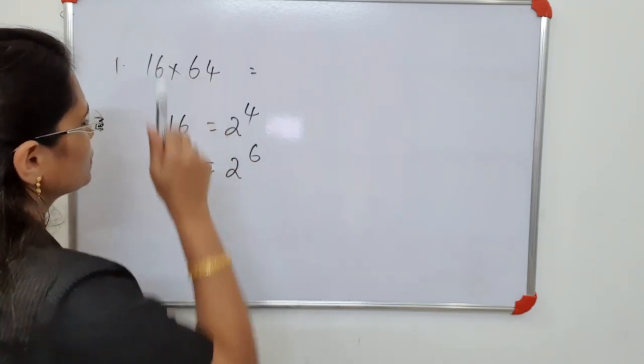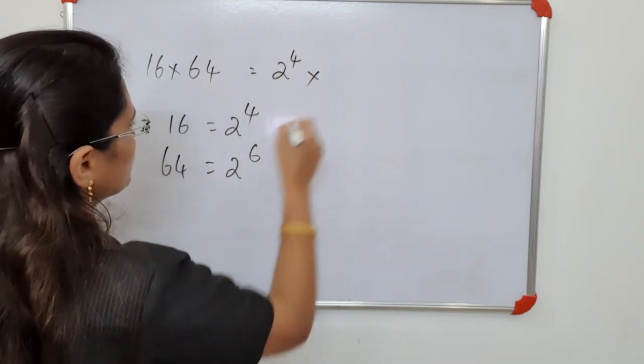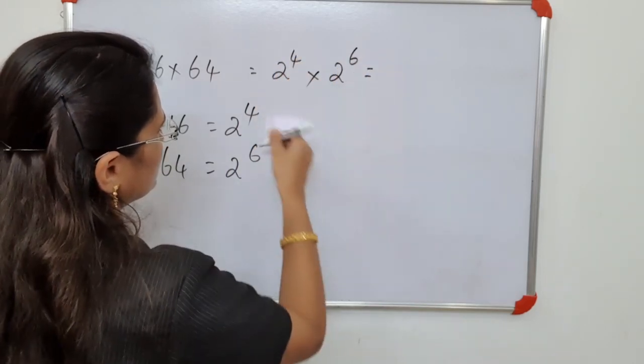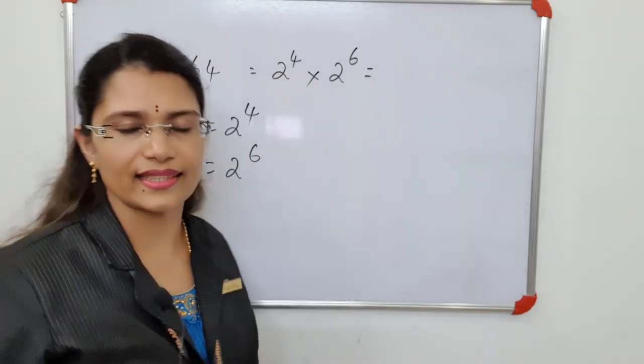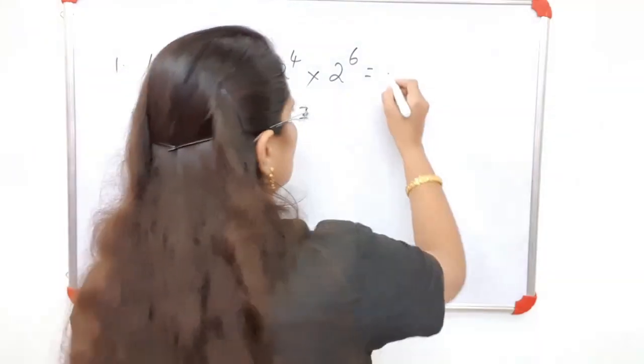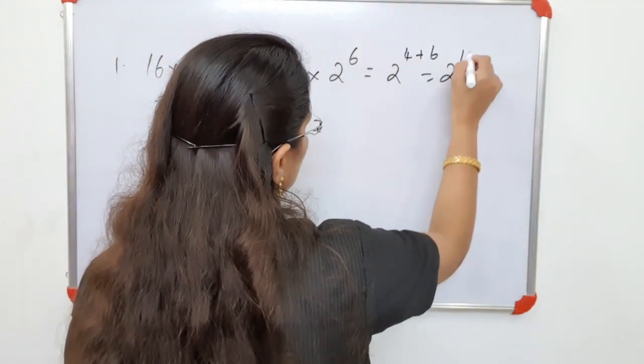So 16 into 64 is equal to 2 raised to 4 into 2 raised to 6 is equal to, x raised to m into x raised to n is equal to x raised to m plus n, is equal to 2 raised to 4 plus 6 is equal to 2 raised to 10.